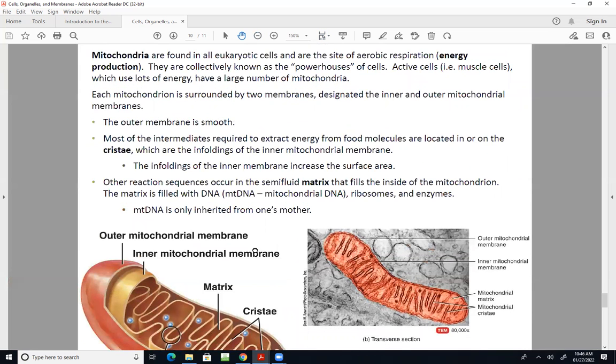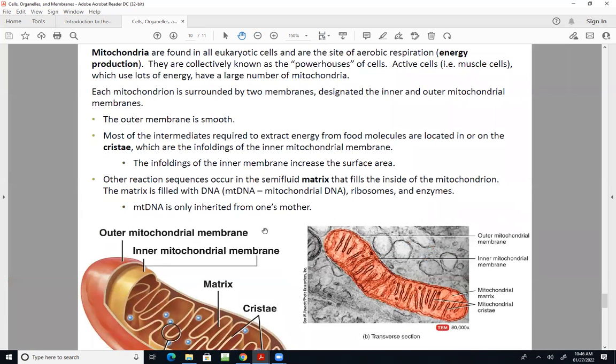Okay, these are organelles that are the site of a process called aerobic respiration. You might have heard the term anaerobic before, especially if you're interested in exercise. When it comes to this class, aerobic just means with oxygen. Respiration refers to the production of energy, and that's what they do. That's why we call them the powerhouses in the cell.